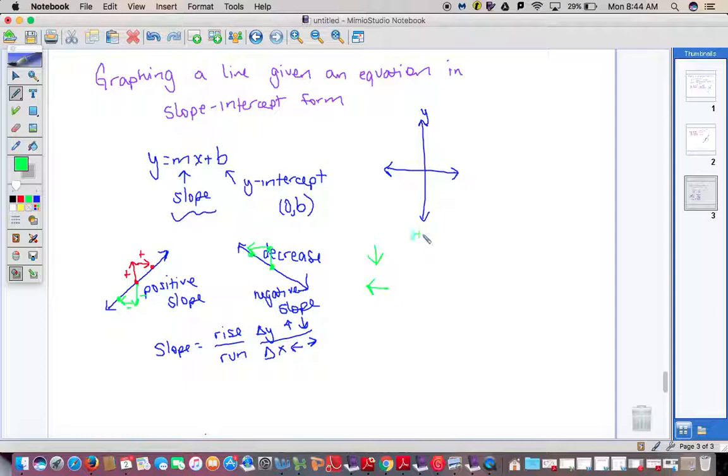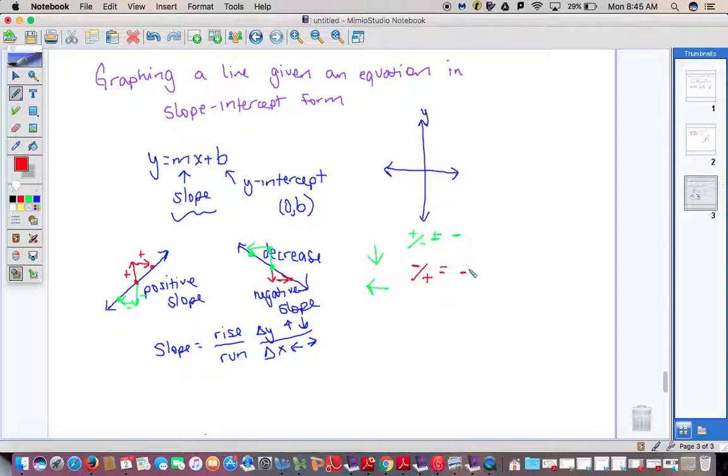So we would have a positive divided by a negative, which is a negative number. And if we didn't have room there, you could go down and to the right. If we go down, that's a negative direction, and to the right is a positive direction, so we would have a negative divided by a positive, which is, again, a negative. So either of those are going to work.